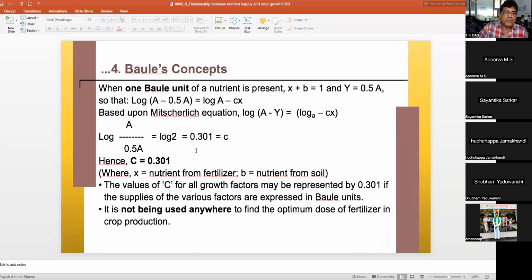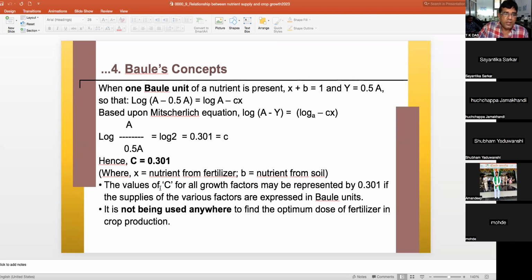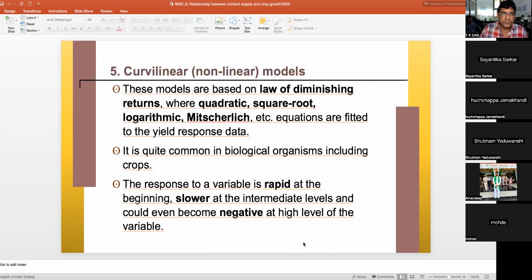So the value of c was found to be 0.301, where x is nutrient from fertilizer and b is nutrient from the soil. The value of c for all growth factors may be represented by 0.301 if the supplies of the various factors are expressed in Paule units. It is not being used anywhere to find the optimum dose of fertilizer. It is just for some academic use.